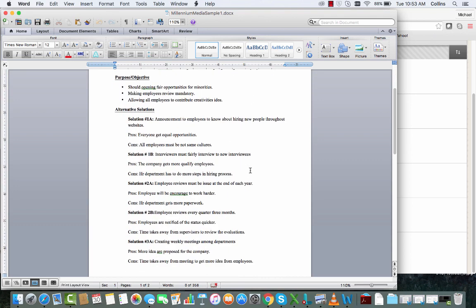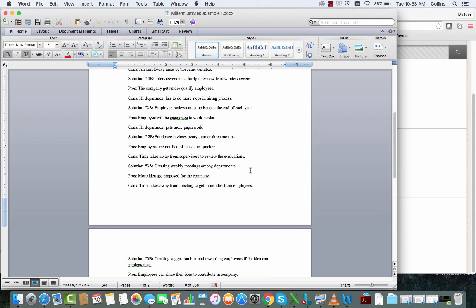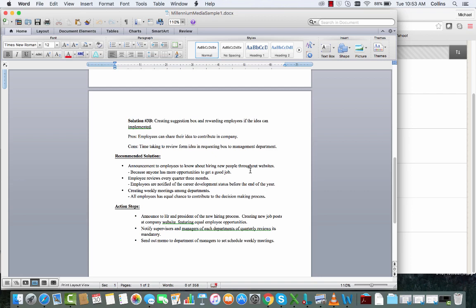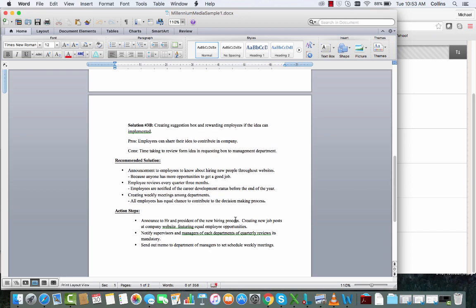The format is not bad, but you can see that there's a lot to be done here. Recommended solution action steps. Again, HR should be caps. "Announce the HR and president of new hiring process," and so on and so forth. They have a pretty fair idea what needs to be done. They just really don't do a very good job of getting us there.